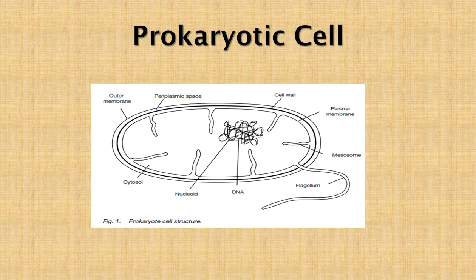Gram-positive bacteria have a thick cell wall surrounding the plasma membrane, whereas gram-negative bacteria have a thinner cell wall that is surrounded by an outer membrane in which there is a small space called the periplasmic space.